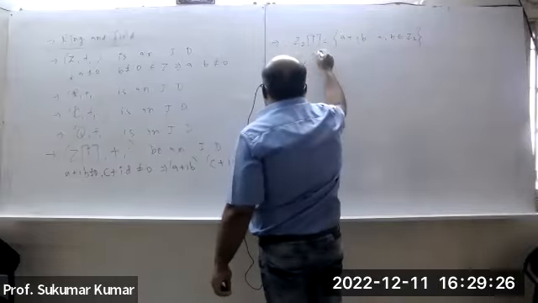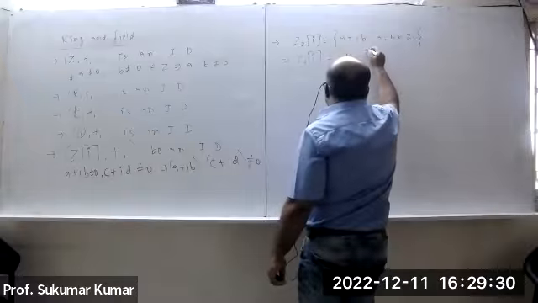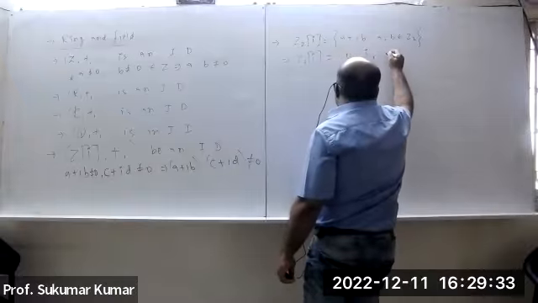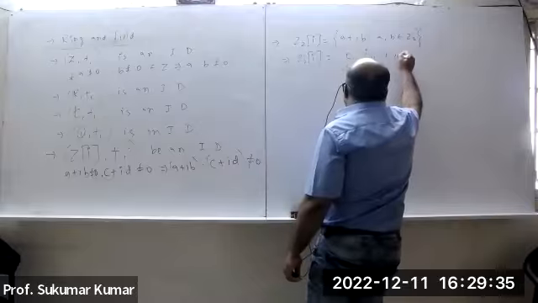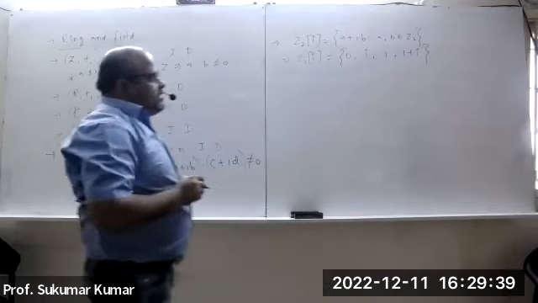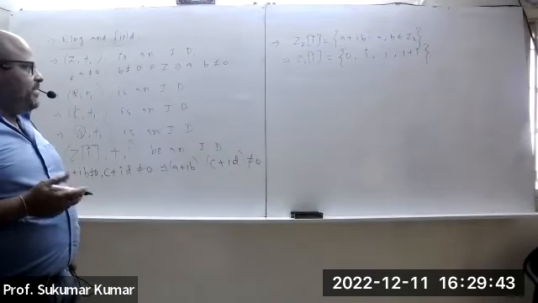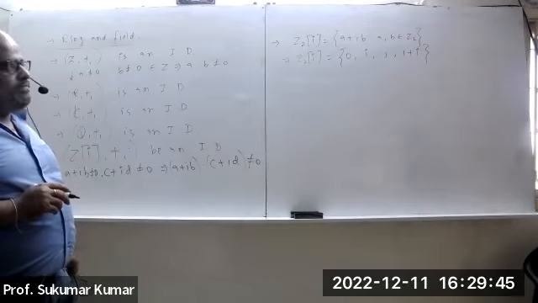So the Z2 box I elements will be 0, 1, i, 1 plus i. So Z2 box I has 4 elements. Two non-zero elements whose product will be 0, then we can tell this is not an integral domain.